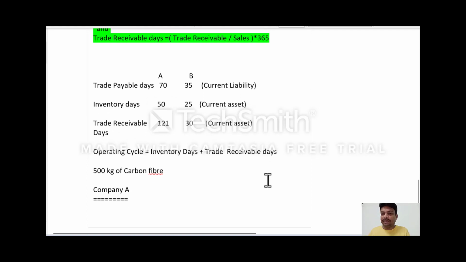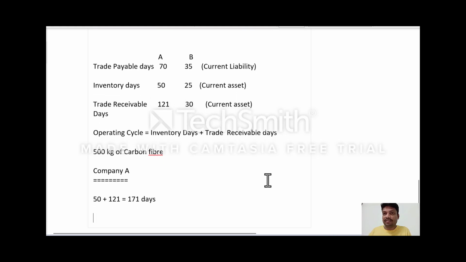It is taking 50 plus 121, so 171 days, to collect money.